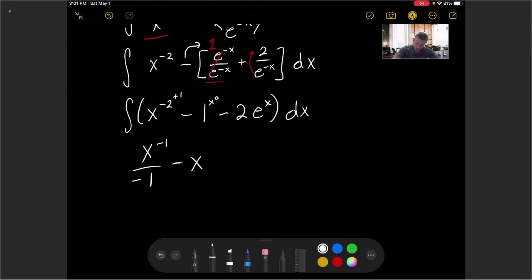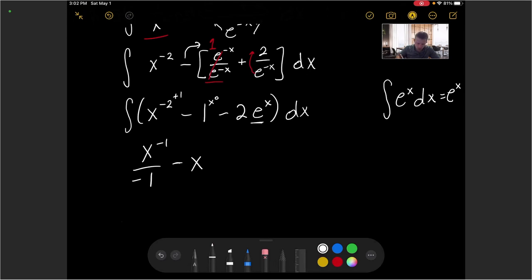And then the last term, we notice that e to the x is in our integral, and if we consider just the integral of e to the x by itself, dx, we know that the exponential function e to the x is its own derivative. Therefore, it's also going to have to be its own antiderivative.